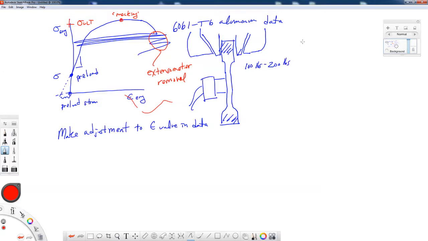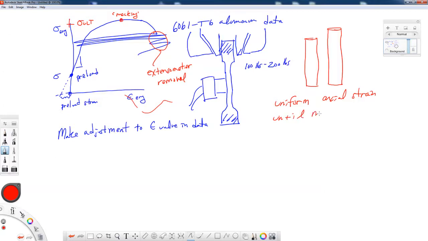And basically what happens is before necking, our specimen starts out at a certain length, and it increases in length uniformly. That means every point along this has the same strain. Let's make a note: uniform axial strain until necking, which is also known as the instability point.